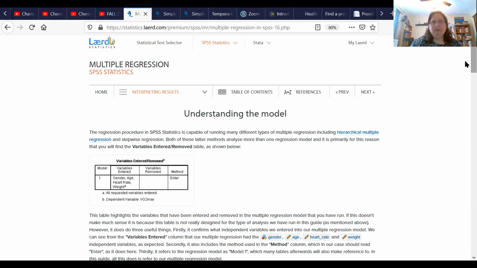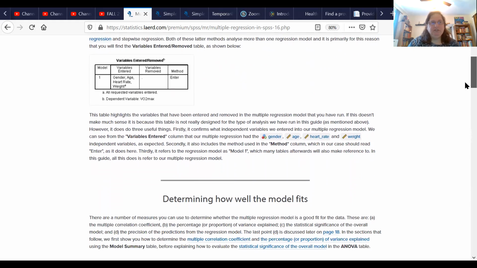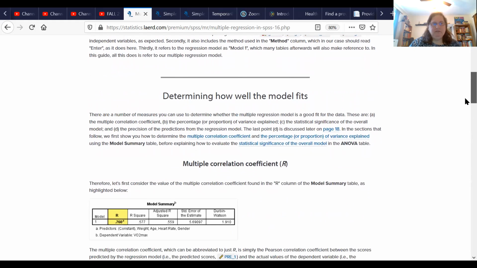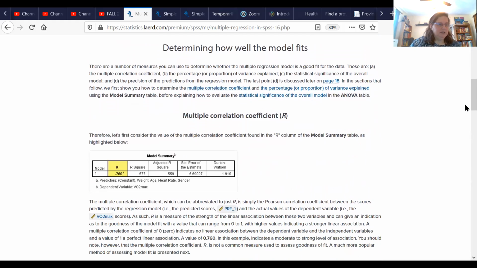Okay. So understanding the model. This is just telling us everything that went into the model: gender, age, heart rate, and weight. And they all went in at once. Next, determining how well the model fits.